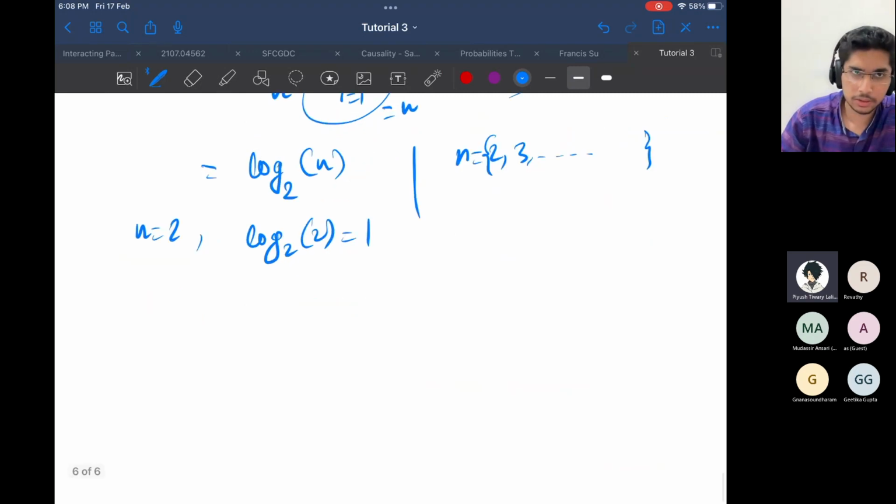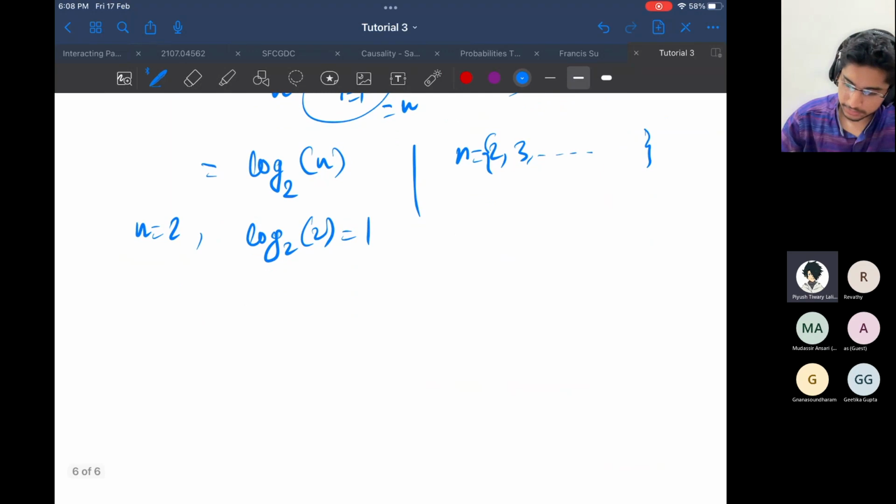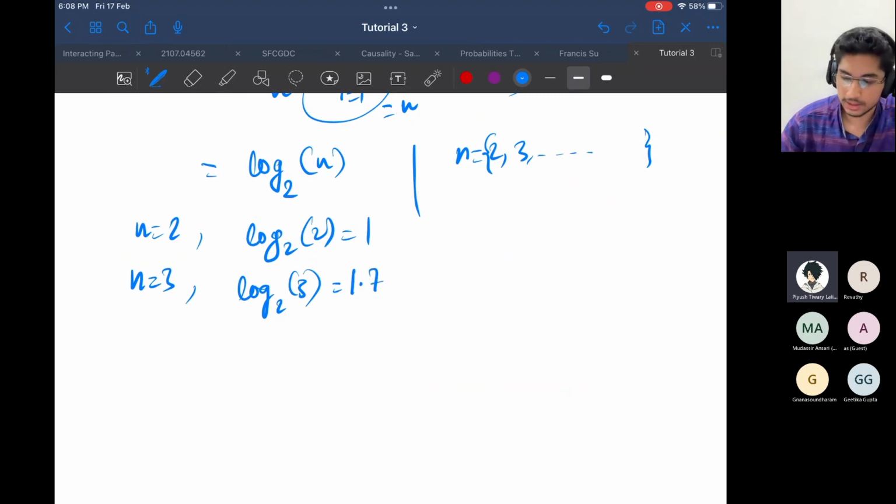This will be 1, right? I hope you know basic logarithm. Okay. n is equal to 3. What will it be? Log 2 of 3. I don't know, it is something like 1.7 if I remember correctly. n is equal to 4.